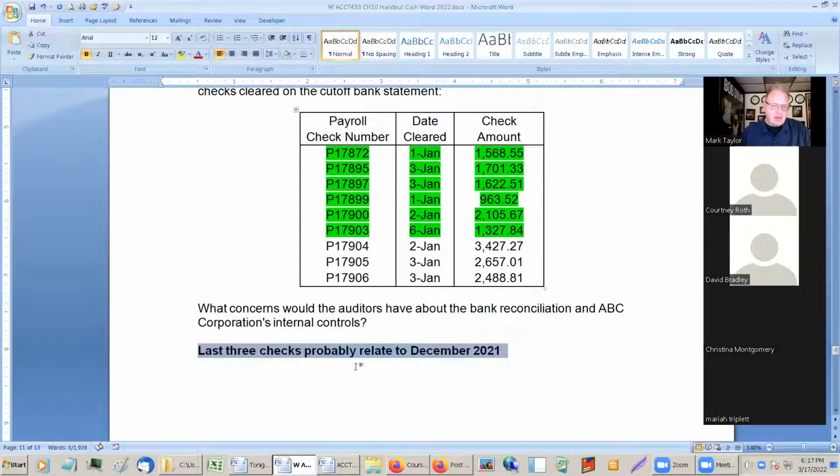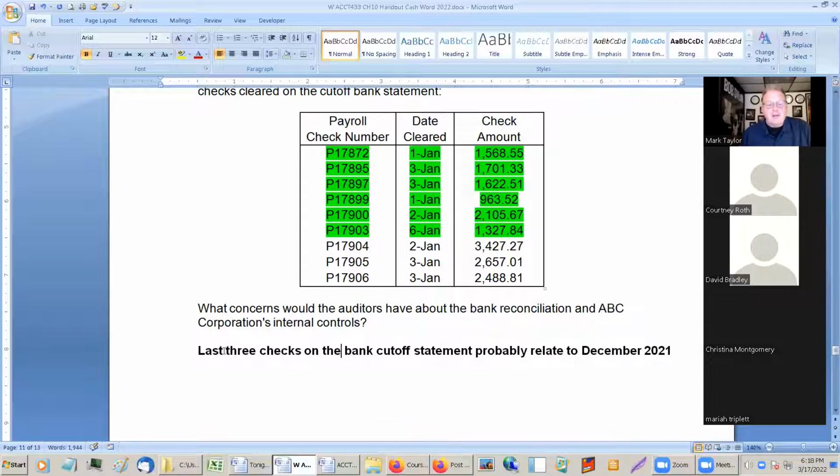These last three checks probably relate to December, I should say, checks on the... That's not how you spell the, by the way.